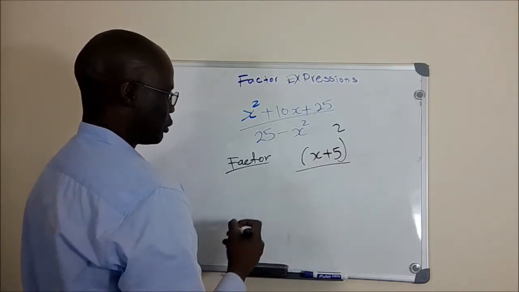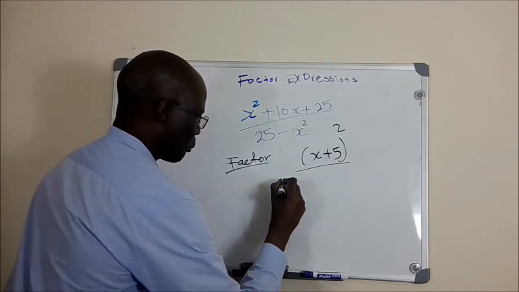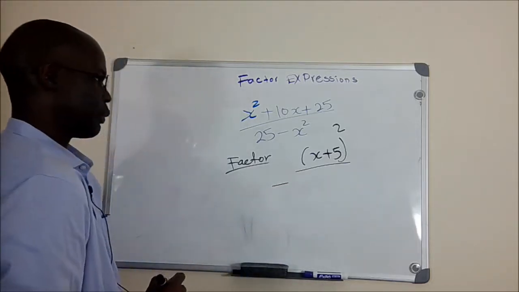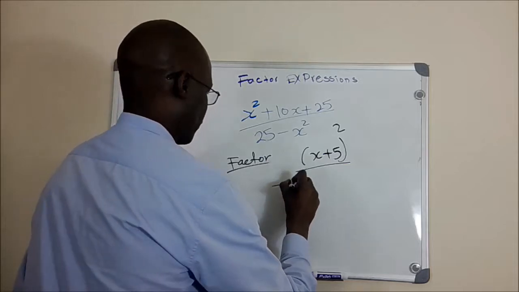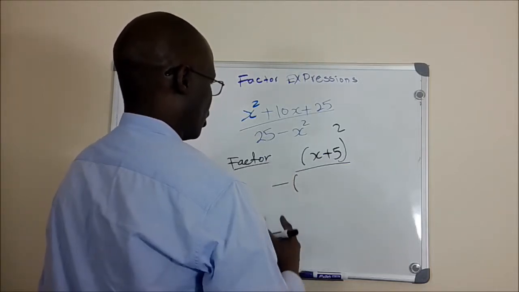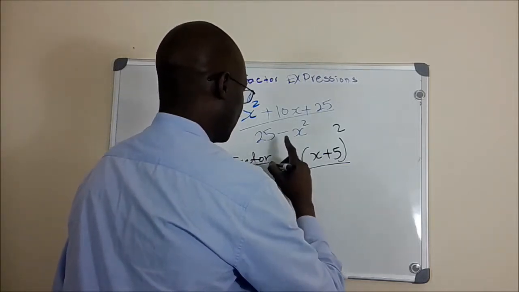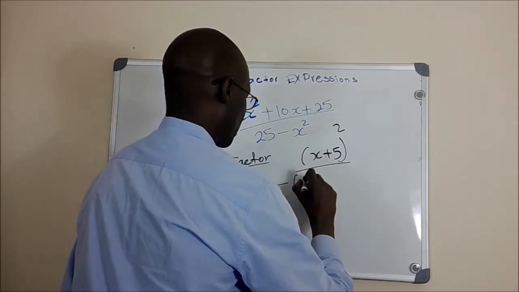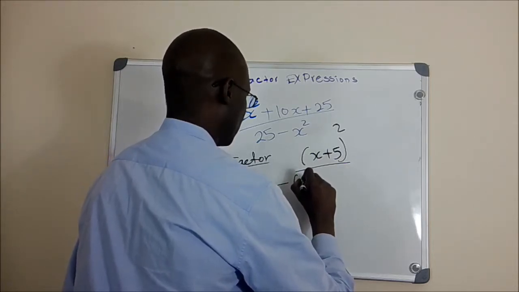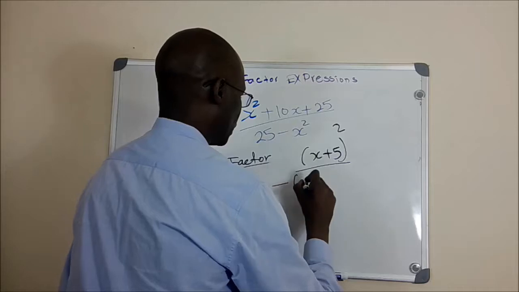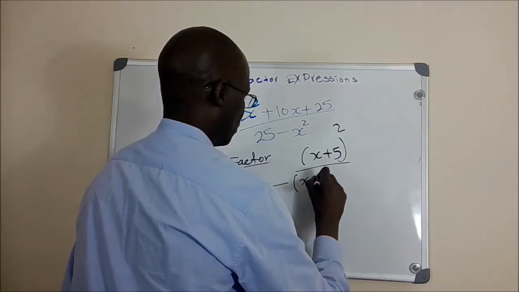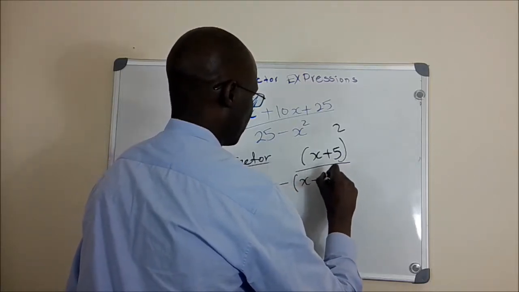So how we do it? So we're going to put the minus outside. And it should be this way. When we take that one, it should be x minus 25.